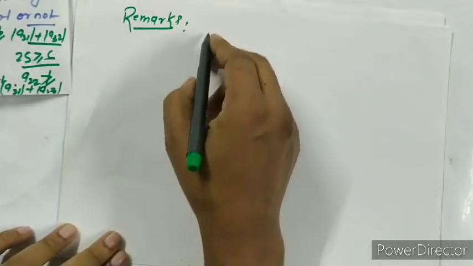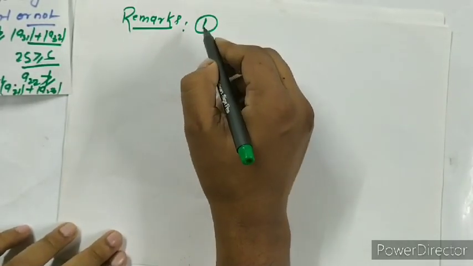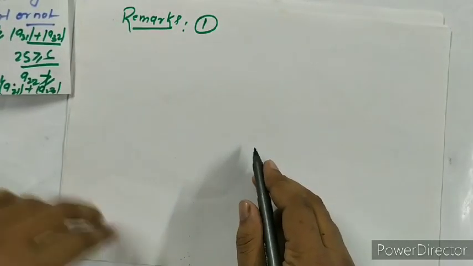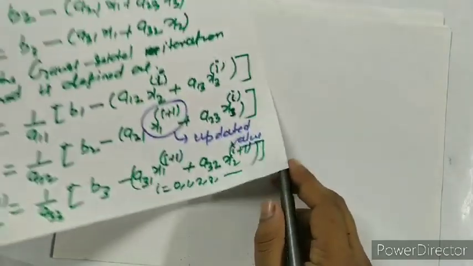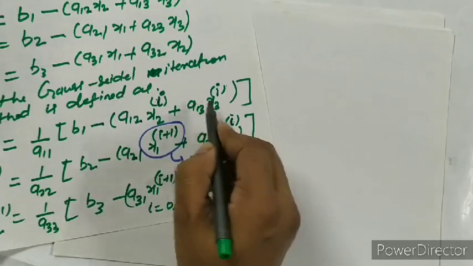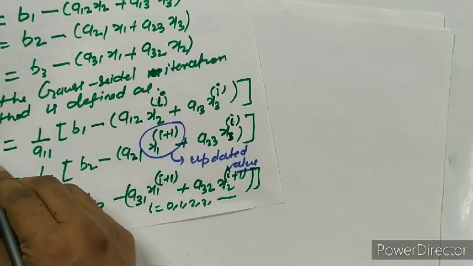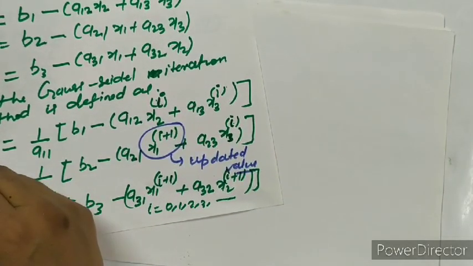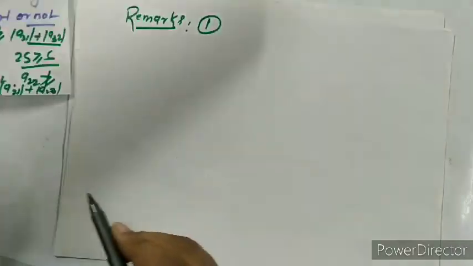Okay, what is remarks? First one, if the initial approximation here, this is the initial approximation, this is also initial approximation, this is first approximation when we put i is equal to 0.